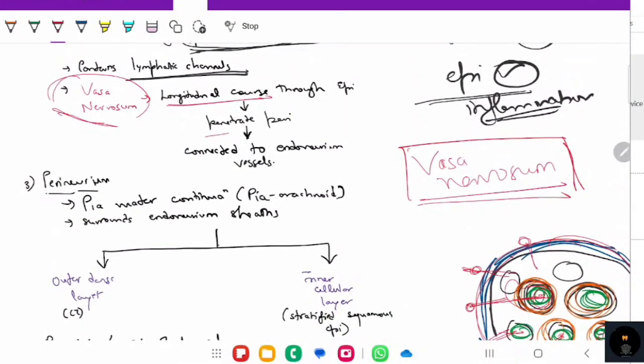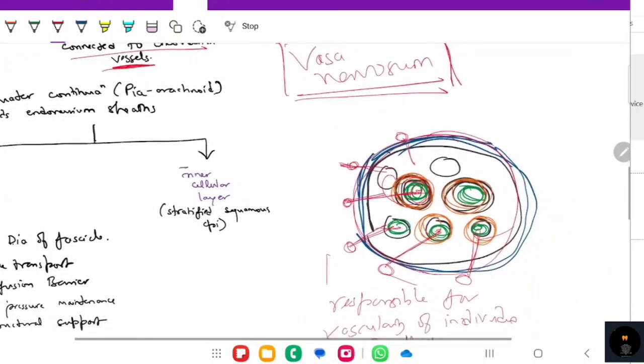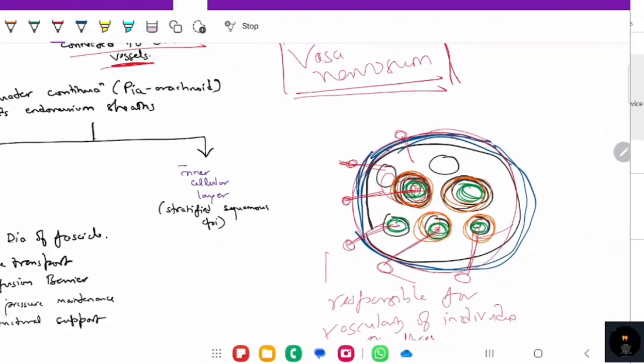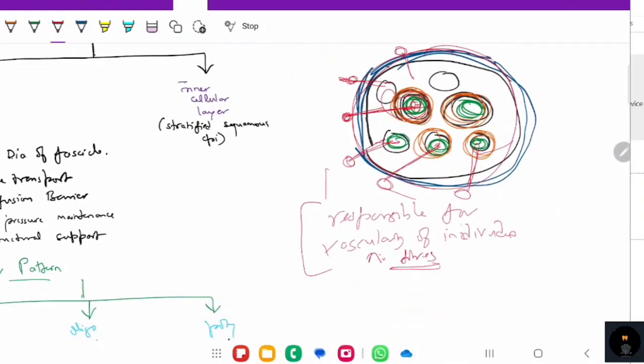So over here, it penetrates the perineurium and connects to endoneurial small vessels or endoneurial capillaries. Endoneurium itself will have small capillaries, and it will communicate with these vasa nervosum, and they maintain the vascularity of a nerve. They are responsible for vascularity of individual nerve.